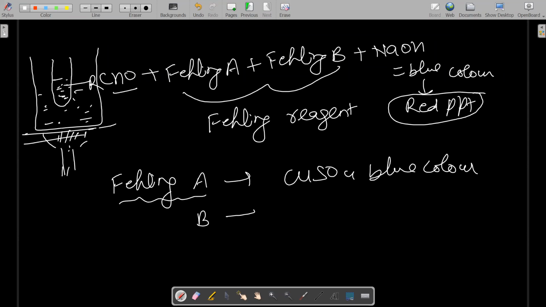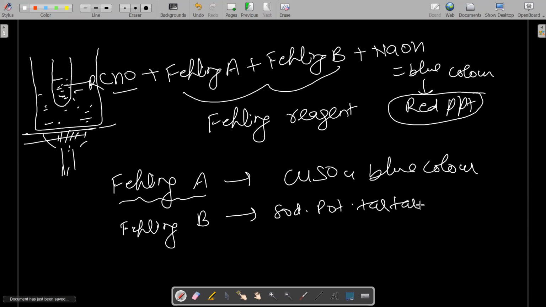What is Fehling B? Anybody knows? Fehling B is sodium potassium tartrate. Yes, you know? It is sodium potassium tartrate, and it is colorless.